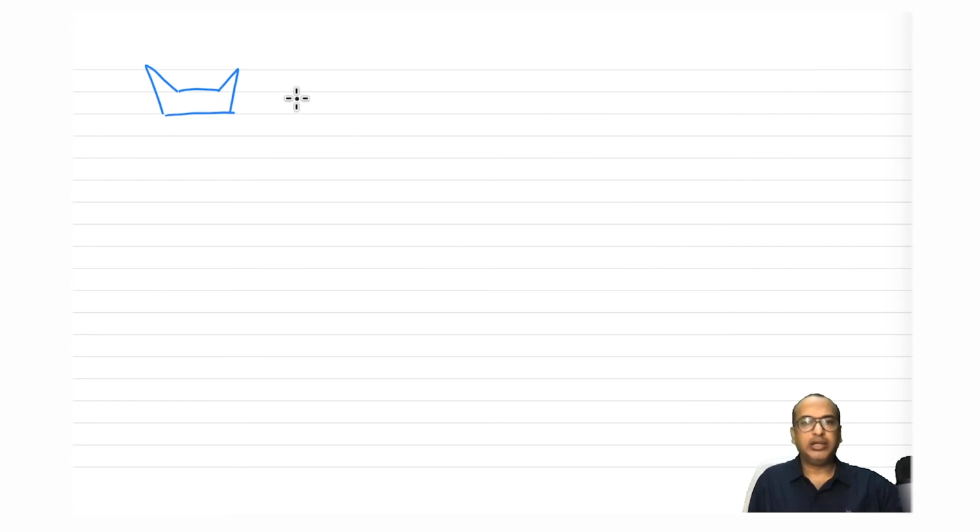If you have done this exercise, here also the elements are E, C2, sigma v1, sigma v2. I gave this as a home exercise to identify the symmetry elements and operations.